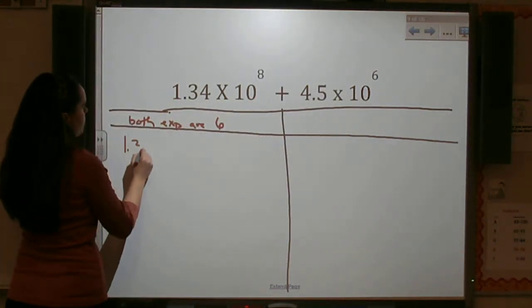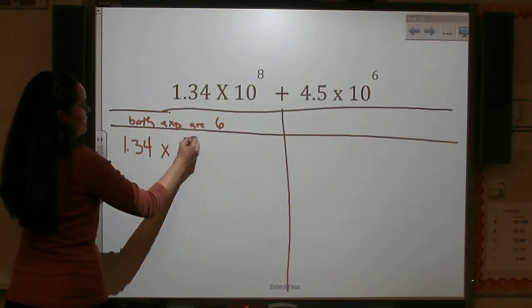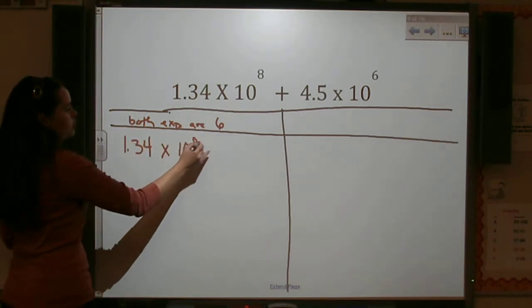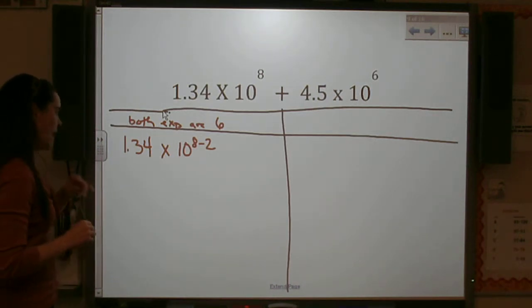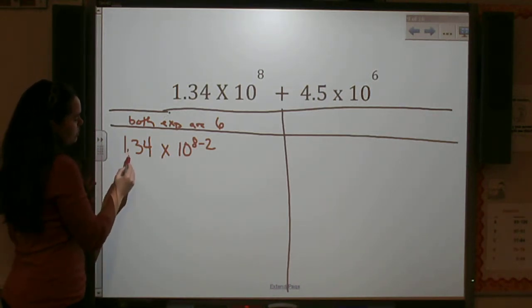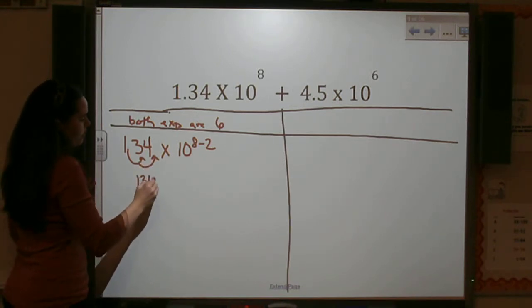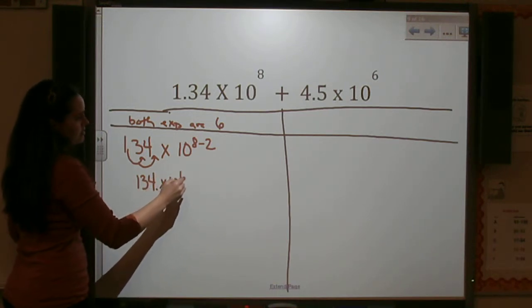So I have 1.34 times 10 to the 8th. Okay? If I want it to be 6, that means I need to subtract 2. Alright? If I want to subtract 2, that means that I need to move my decimal place to the right 2 times. That's going to give me 134 times 10 to the 6th.